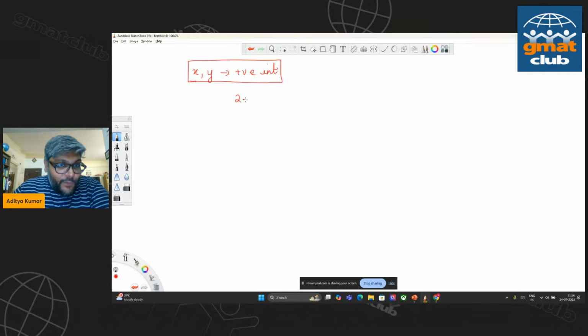And now I'm giving you (2 plus x) divided by (3 plus y) is greater than (2 plus y) divided by (3 plus x). So I want all of you to try to simplify this equation. Try to use the information to your advantage. And then tell me what is the inference that you can draw when you break down this entire equation. Okay, I'll give you 30 seconds. Give it a shot.